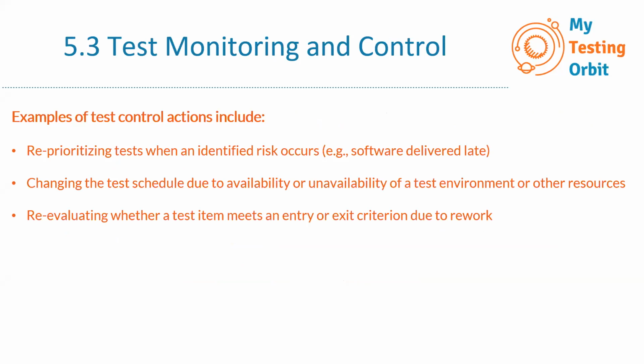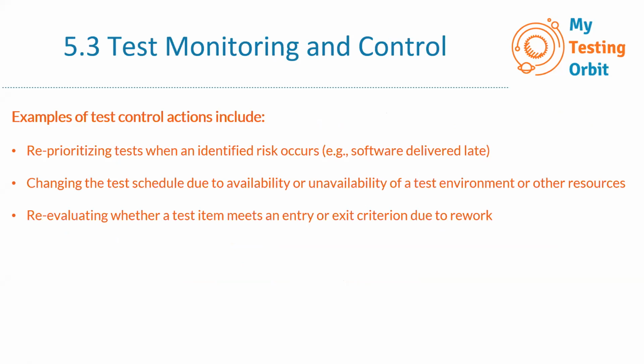The examples of test control actions include reprioritizing tests when an identified risk occurs, for example, software delivered late. Let's say there were 5 days allocated for testing, and we got the release quite late, and we are only left with 3 days instead of 5 days.